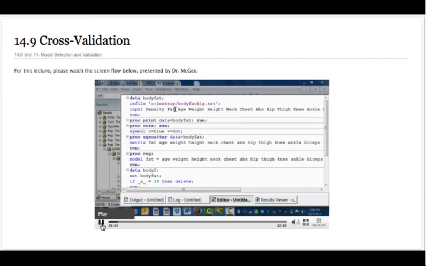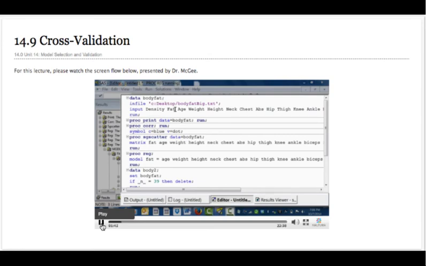The age in years, the weight, the height in inches, neck circumference in centimeters, chest circumference in centimeters, abdomen circumference in centimeters, hip circumference in centimeters, thigh circumference in centimeters, knee circumference in centimeters, ankle circumference in centimeters, biceps with the arm extended circumference in centimeters, forearm circumference in centimeters, and wrist circumference in centimeters.